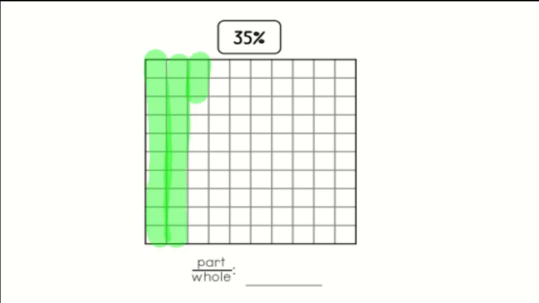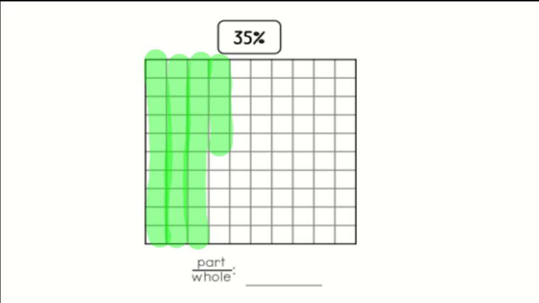So if it's 10 by 10, there's 30. And there's 5 more, so that's 35 out of the 100. Okay? And so I think this part's pretty easy to understand or to follow. So we won't do all three of them.